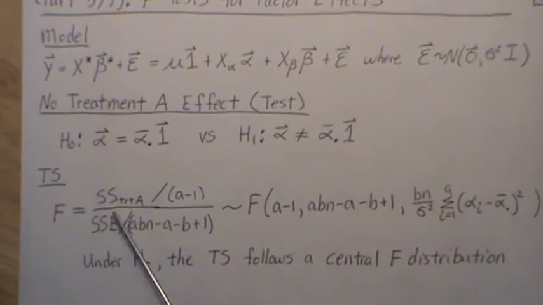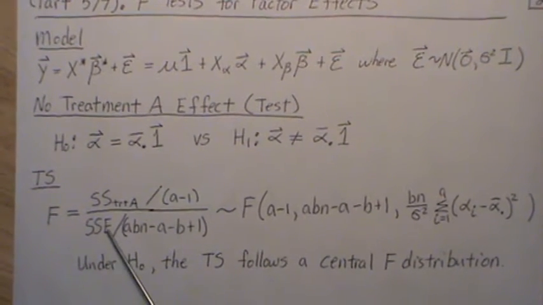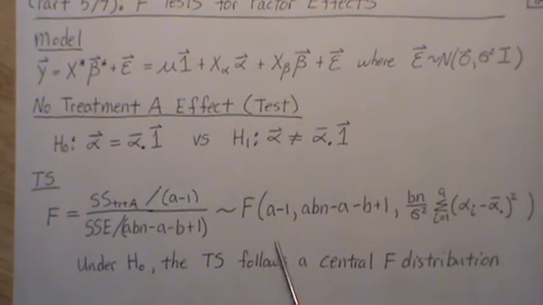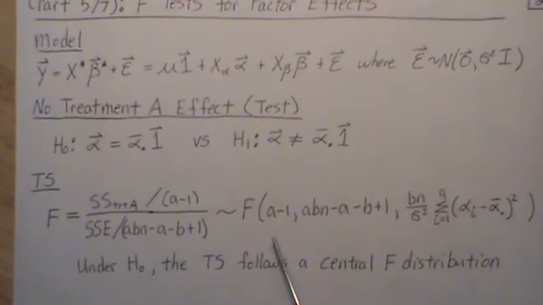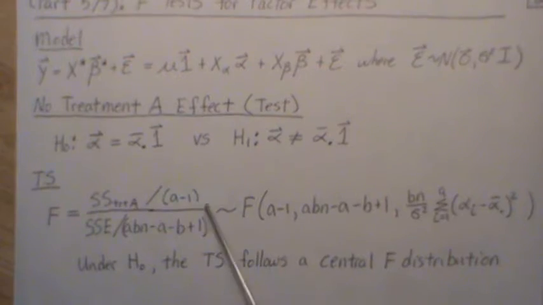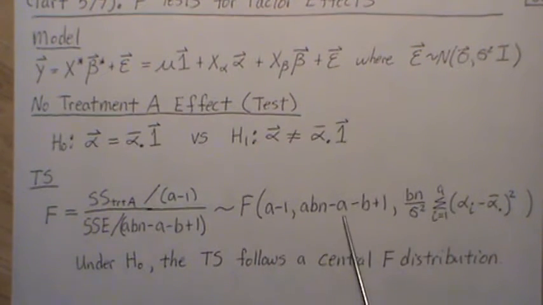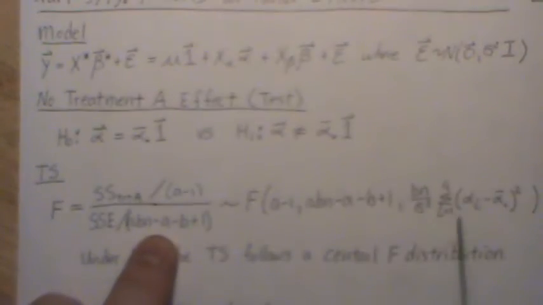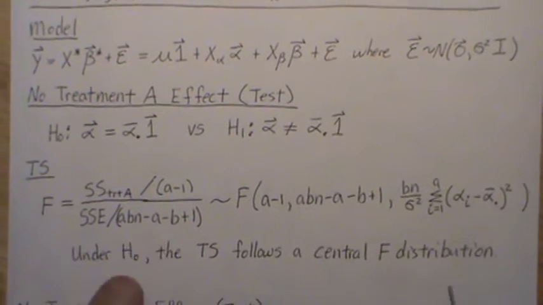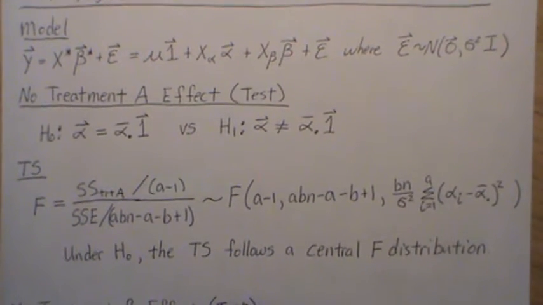And these sum squares are independent, which we did in part 4. We proved they were. So it creates a non-central F distribution with A minus 1 degrees of freedom here, and this non-centrality parameter, which we also derived in the previous video.